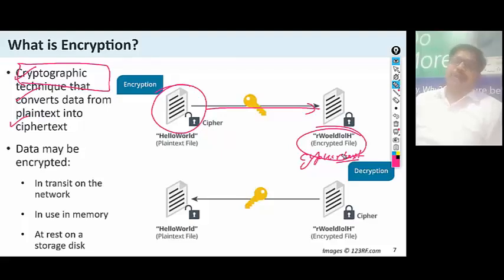So whenever the plain text is changed into ciphertext, it is known as encryption. And when the ciphertext is converted back into plain text, it is known as decryption. How does this process happen?